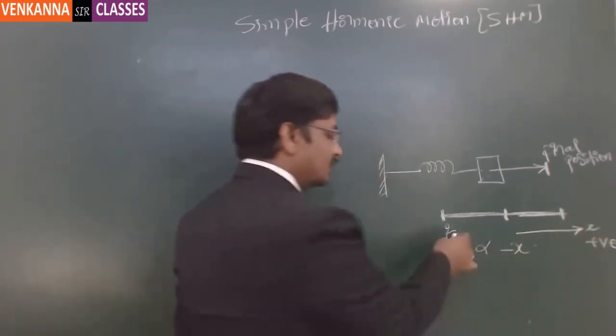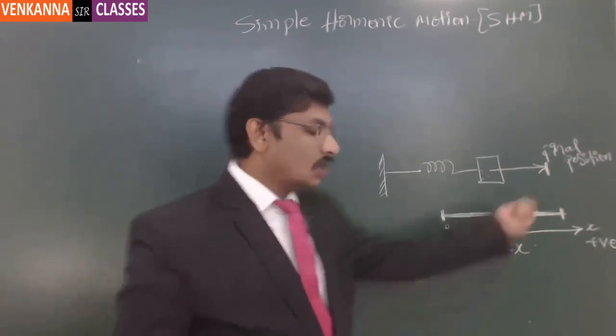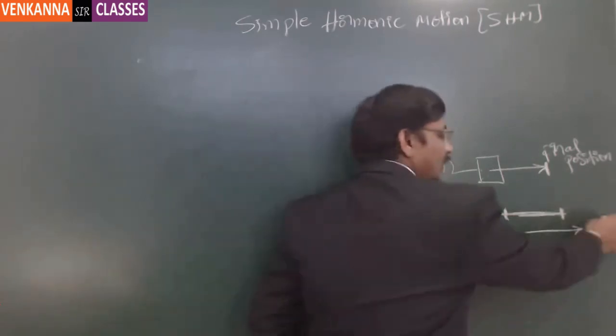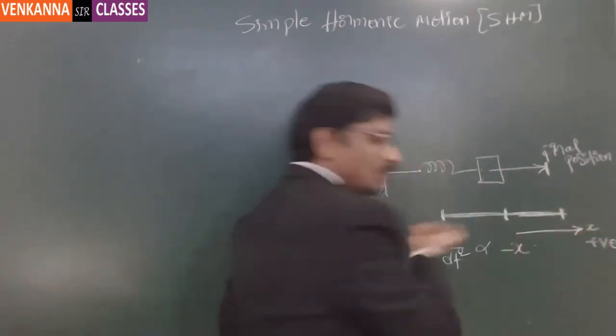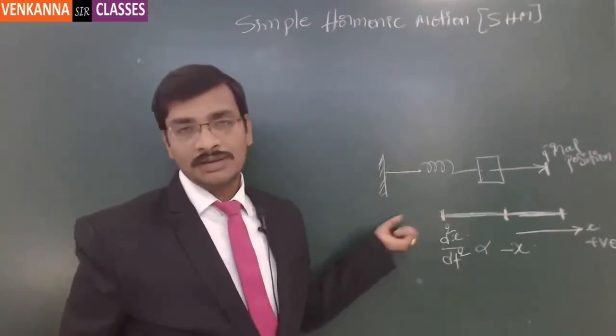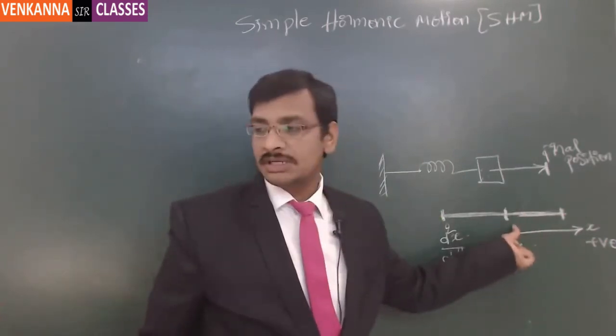That means d²x/dt² is proportional to x but always directed opposite to x. If you move the particle in this direction, the force drags it back. If you move the particle in the other direction, the restoring force will be backwards towards the center always.